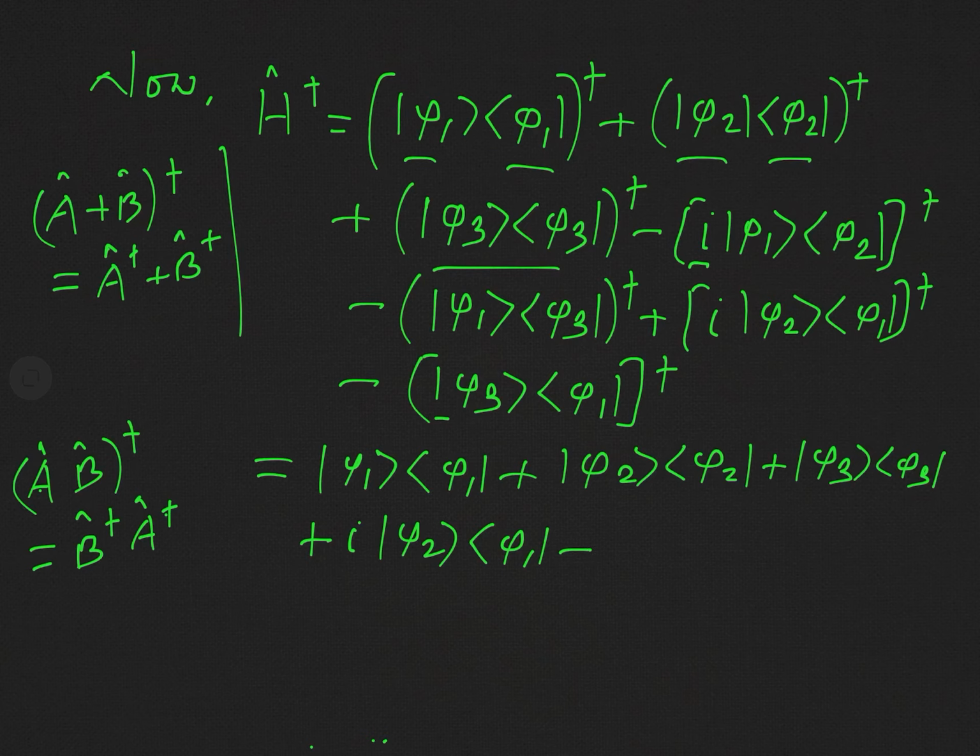And now minus, here Bra phi 3 will become Ket phi 3. This will be Ket phi 3 and Bra phi 1.